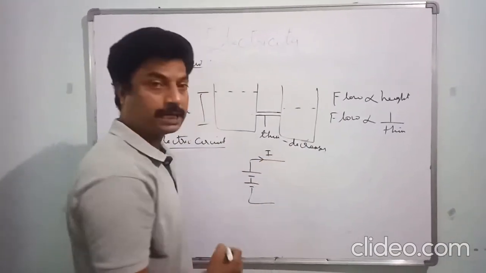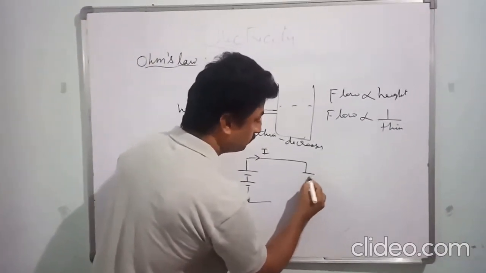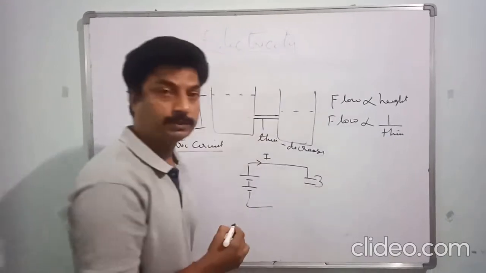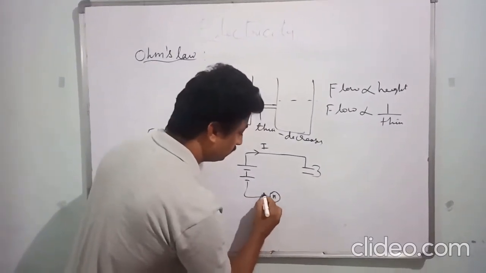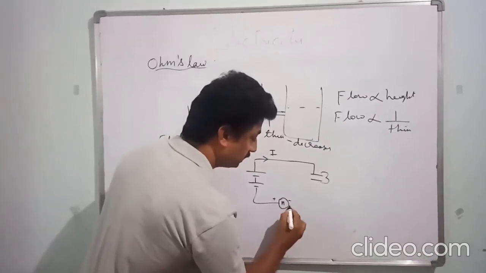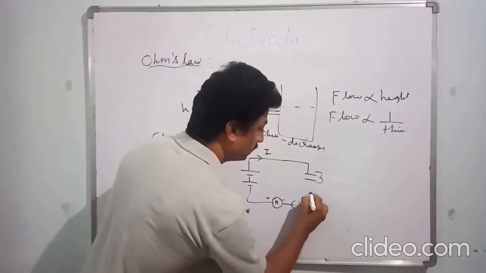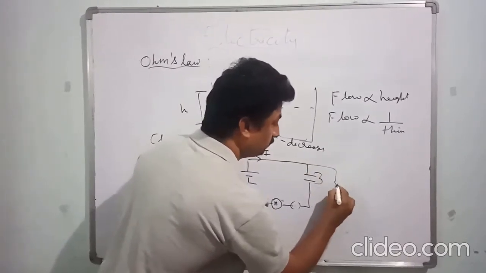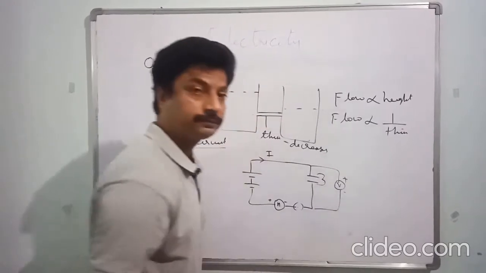Here the current has started flowing. It has some output, like the bulb has to glow. There is an ammeter connected here, which will be in series. There is a switch over here, and there is a voltmeter connected, which has to be connected in parallel.